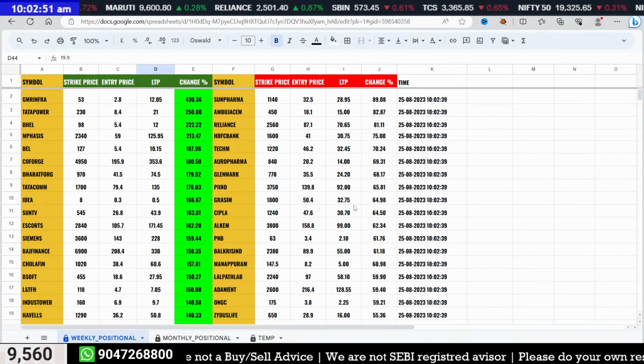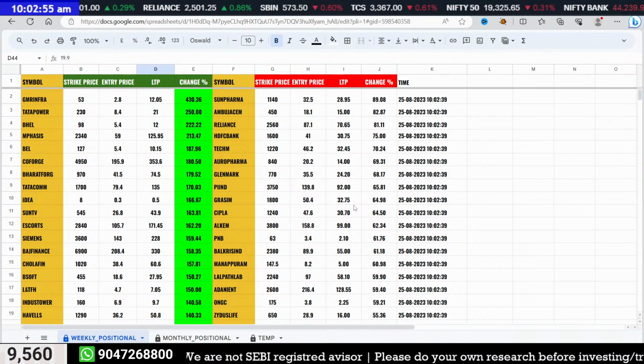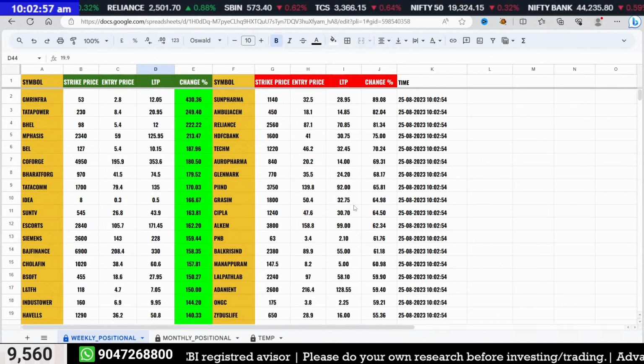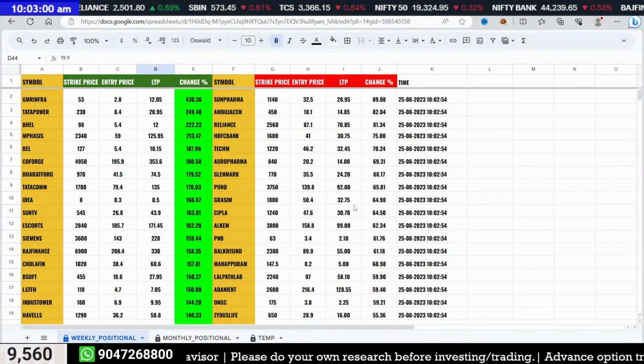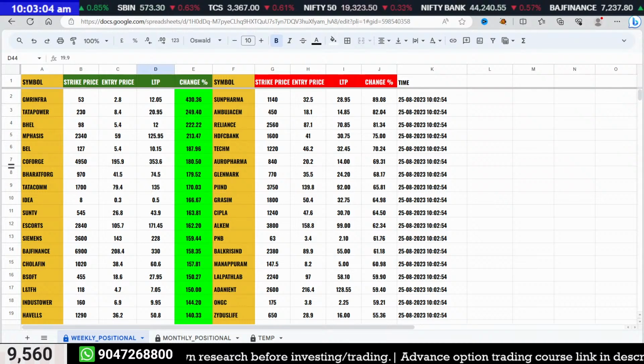And now Sun Pharma 28.95. So liquidity issue, and it is triggered and now it is moving lower. It's something like Ambuja Cement, in the stop but doesn't move well to reach the target.